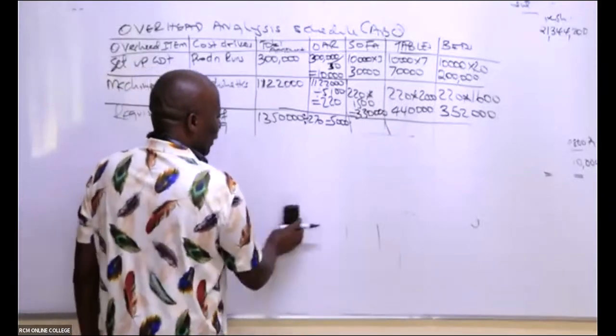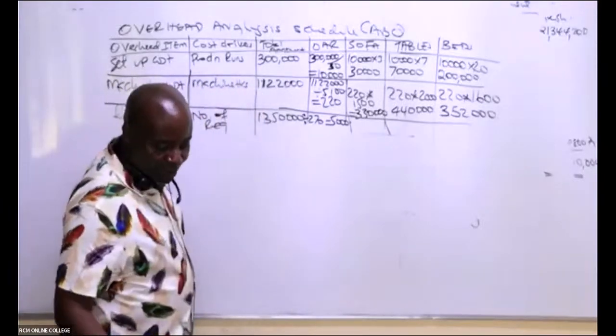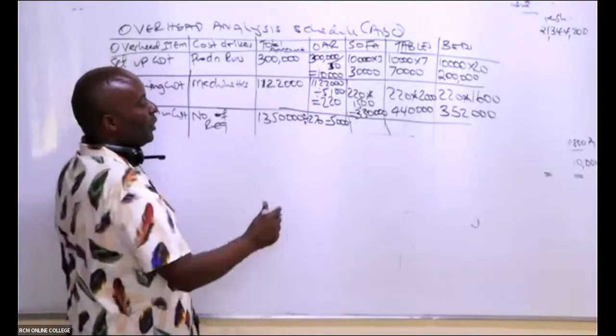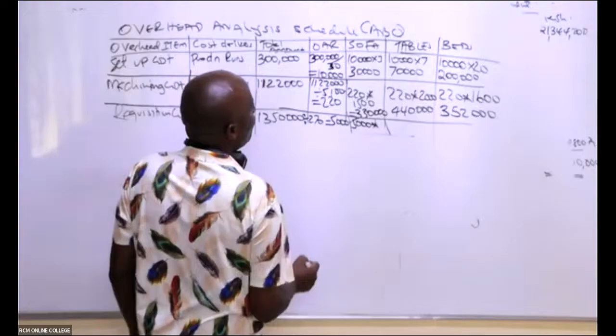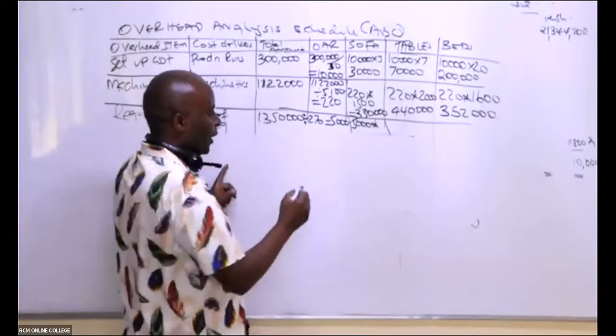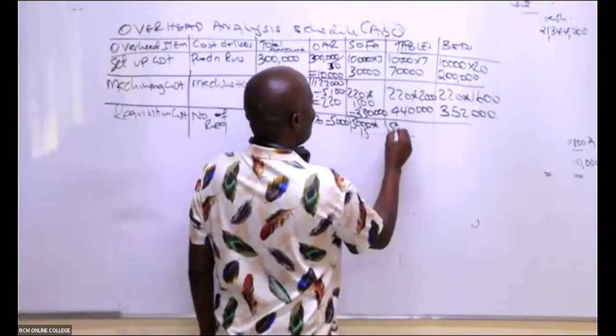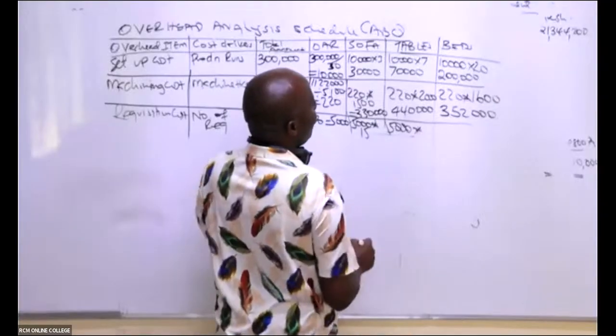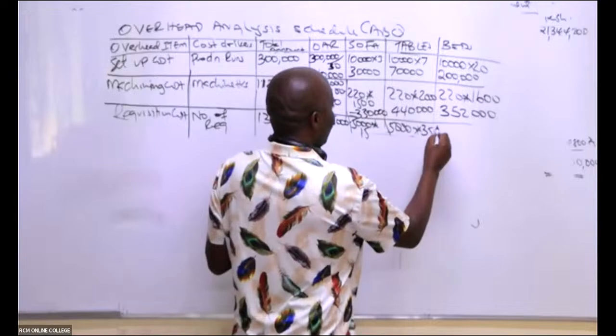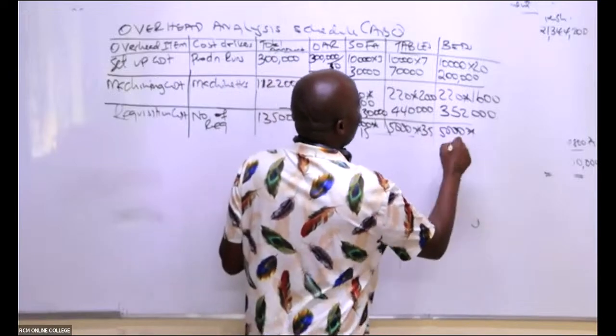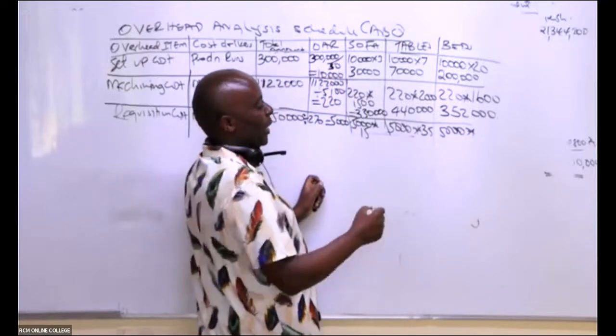I know already you have the numbers. I have to rub my board. So now you're able to give me these numbers. This will be 5,000 times how many requisitions for the sofas? 15. 5,000 times how many for tables? 35. 5,000 times how many for beds? 20.